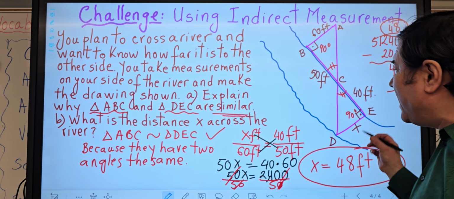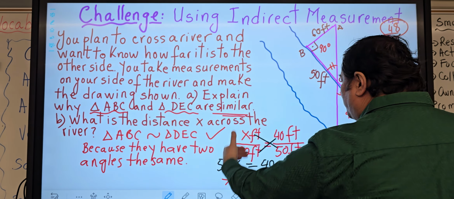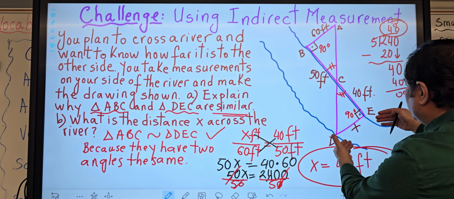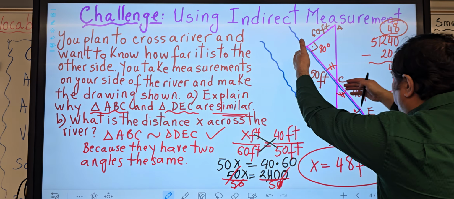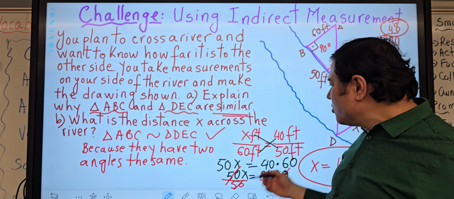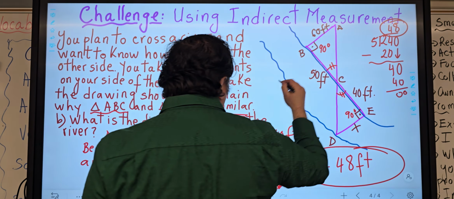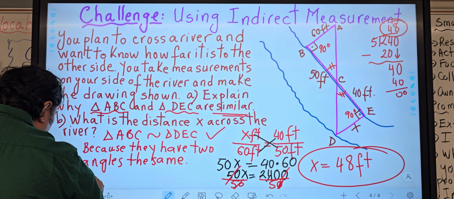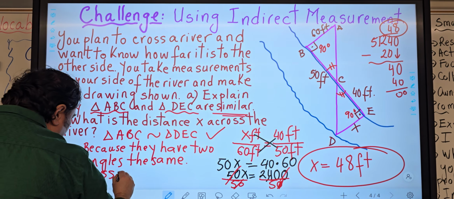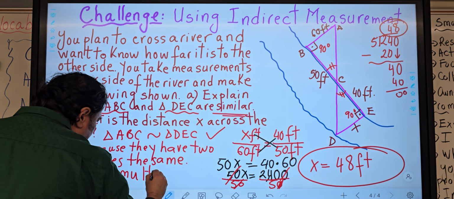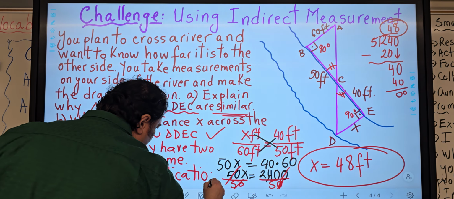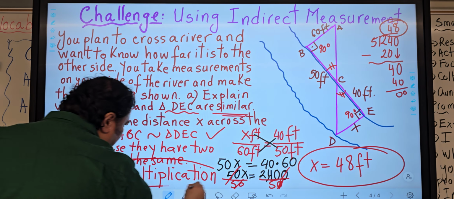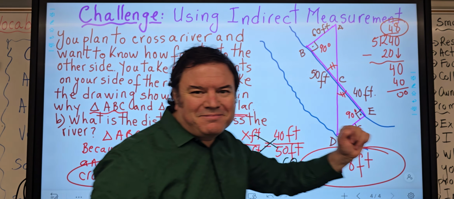And once we found that, we set up the proportion: x over 60, corresponding sides, x over 60 equals 40 over 50. And then we used cross multiplication, and then we solved for x.